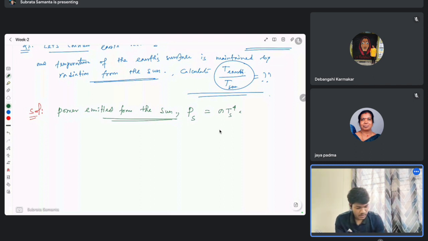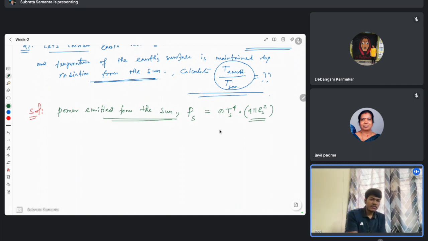What is the area? It is 4 pi r sun squared, since they emit throughout the surface. This is the surface area, and r sun is the radius of the Sun.